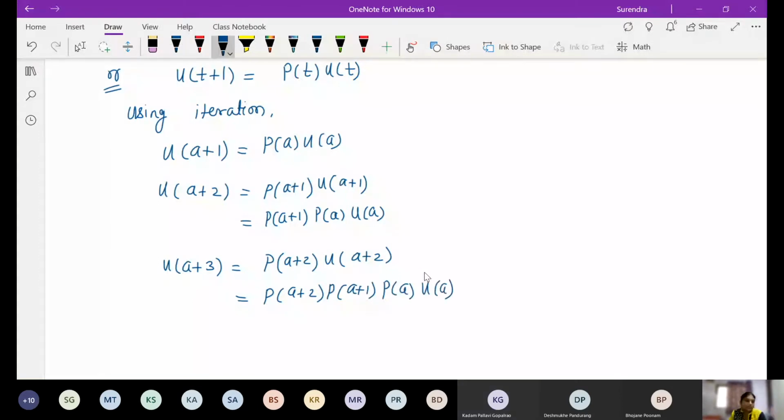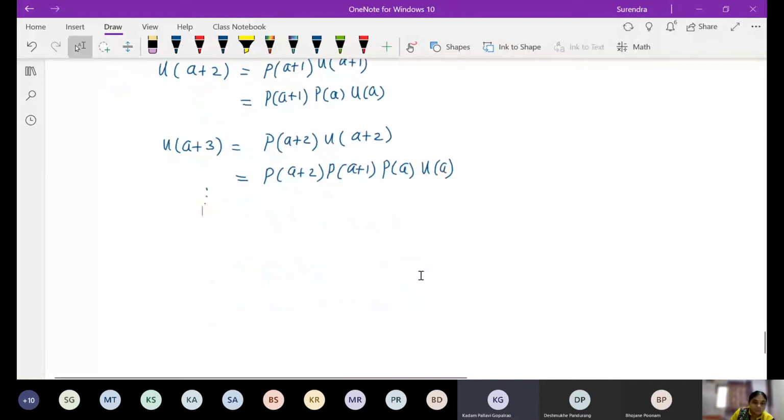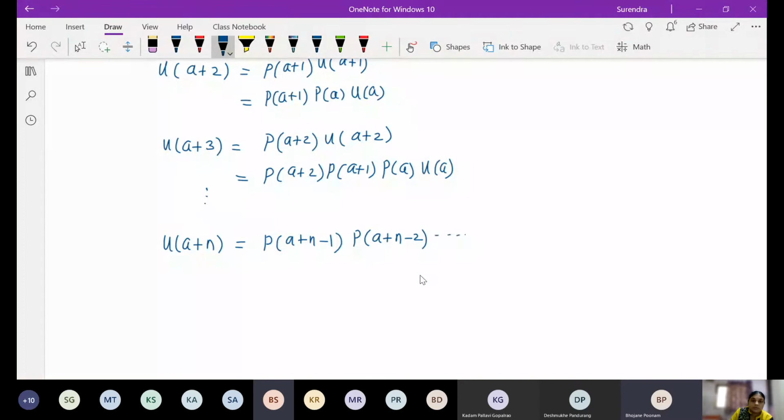Now can we generalize? Yes. And so on. u at a plus n is p at a plus n minus 1 into p at a plus n minus 2, and so on, into u at a.